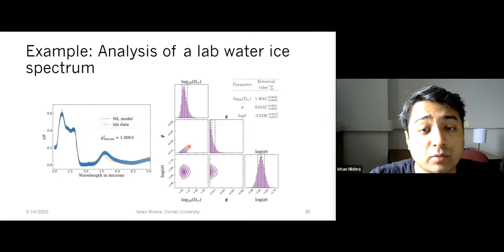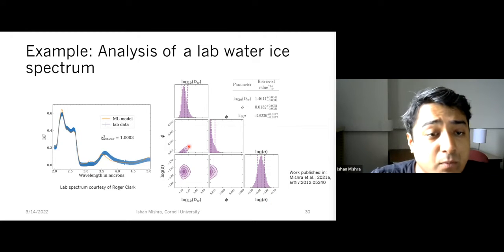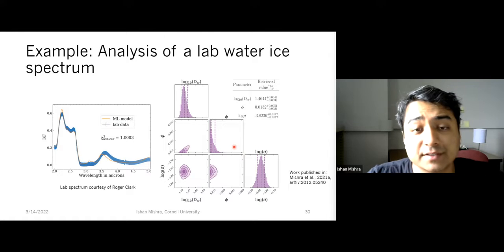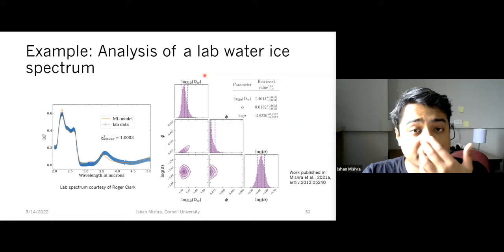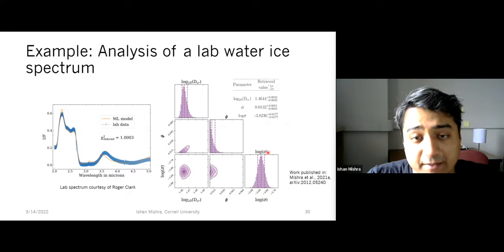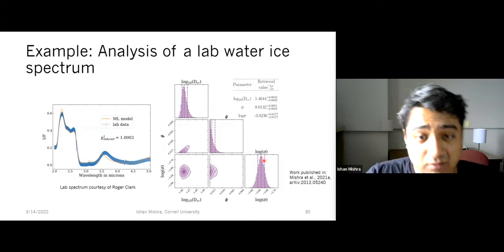And here I'm just showing a quick example from one of my first papers, where we took lab data of crystalline water ice and analyzed it with our framework. What's interesting here is that our parameter of interest was grain size, but our model had other physical parameters. For example, we didn't know what the porosity was, so we just let it be a free parameter. We also didn't know what the error on the data was.